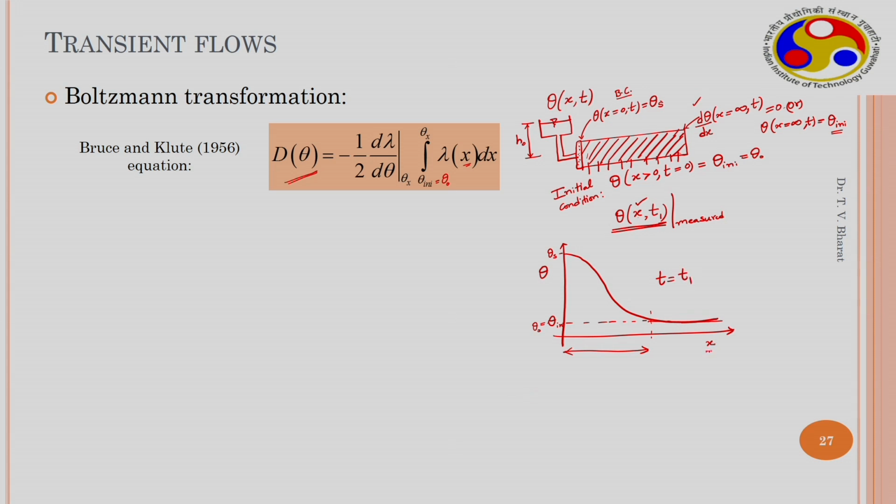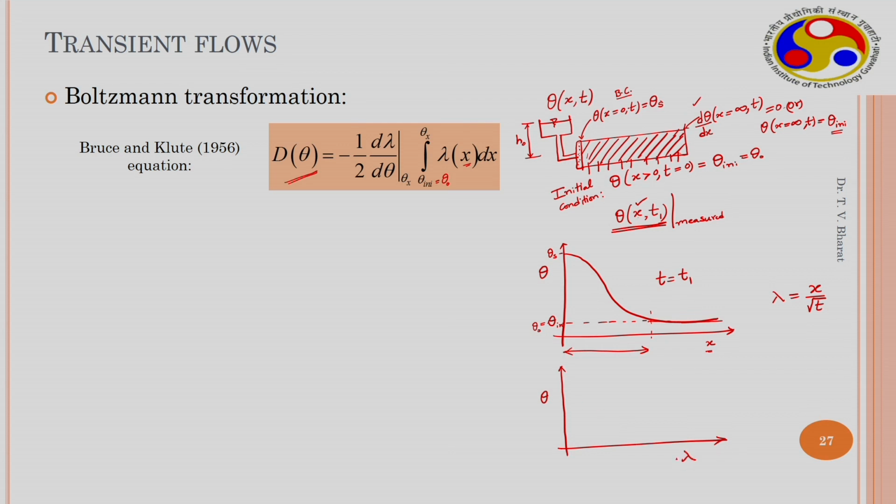As we know how theta varies with x and t, we can obtain lambda, which is x by square root of t. So, we can also plot how theta varies with lambda, because this variation is also similar.